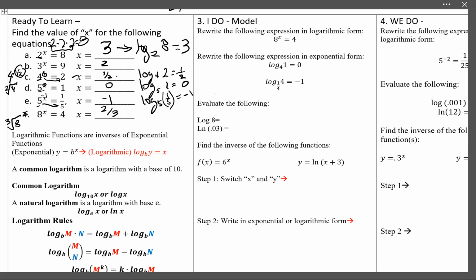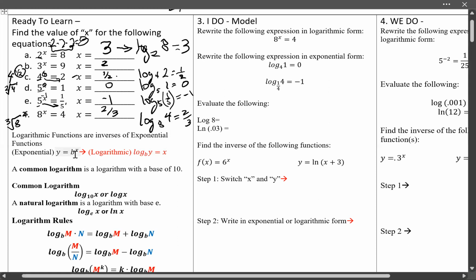The cube root of 8 is 2, and then 2 times 2 is 4. So this is the exponent that we need. That means logarithmically, this one would be log base 8 of 4 equals 2/3.